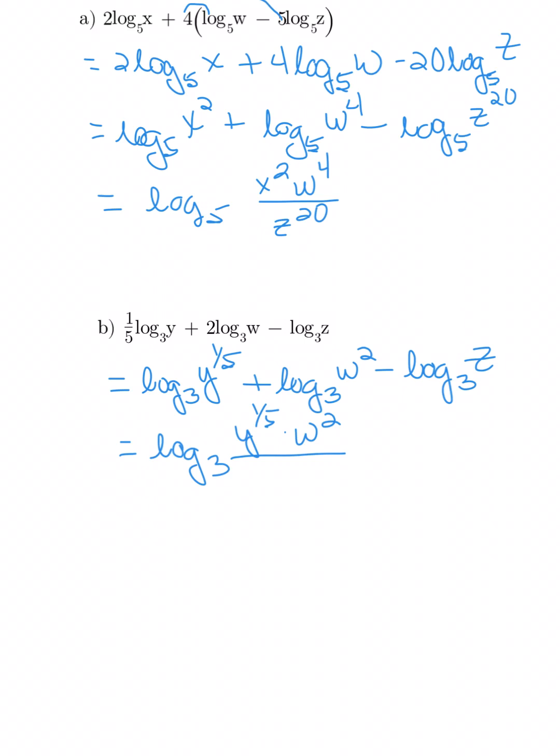So it's divided by z. The one other thing you can do is recognize that y to the 1/5 is the same thing as the 5th root of y, times w squared over z.